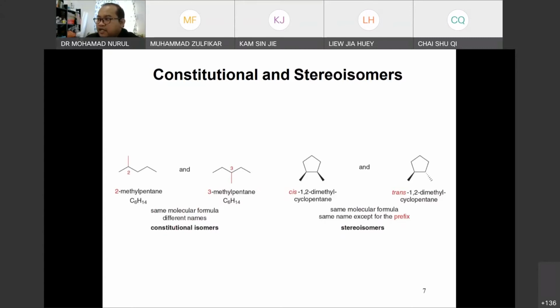Meanwhile, another example from chapter 4: cis-1,2-dimethylcyclopentane, and this one is trans. They have the same molecular formula and the same name except for the prefix at the front. This is stereoisomers, and the other is constitutional isomers.